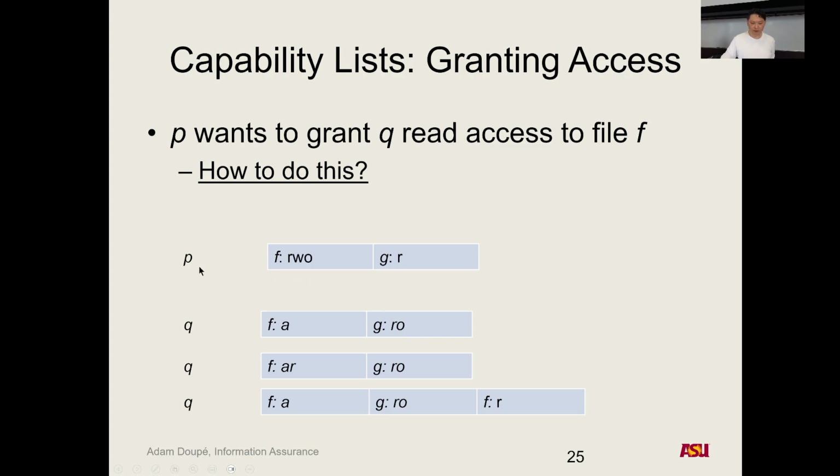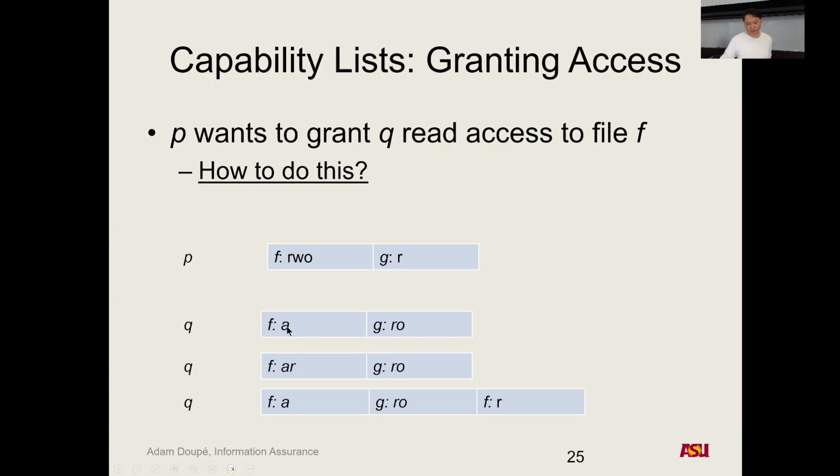Okay, because P has the own capability of F, P can delegate and propagate the read access to Q for F, because Q has the A capability, append.